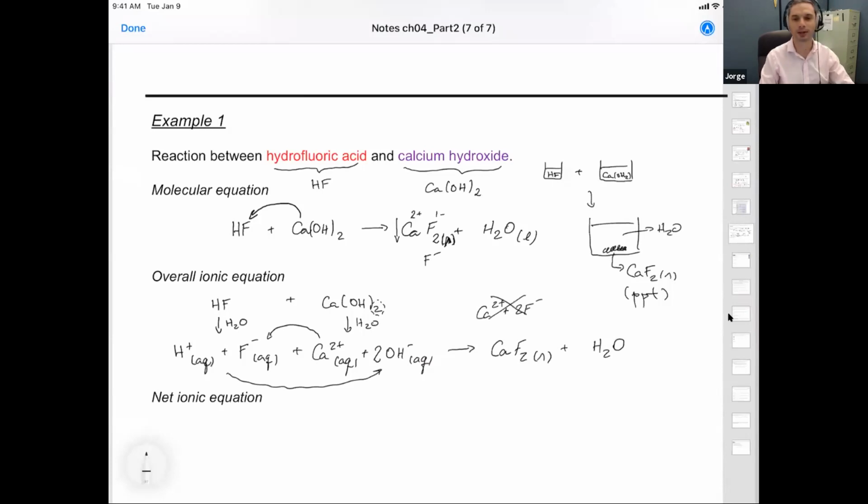You have to write calcium fluoride and then water. Obviously, this reaction is unbalanced, so we need to take care of that. We have 2 fluorides on one side. Let's add a 2 here, and a 2 here, and 1 and 1. And that takes care of the balancing. Okay, so attention. When there is a formation of a solid, you have to write the formula of the salt. If the salt is soluble, then you write it as ions.